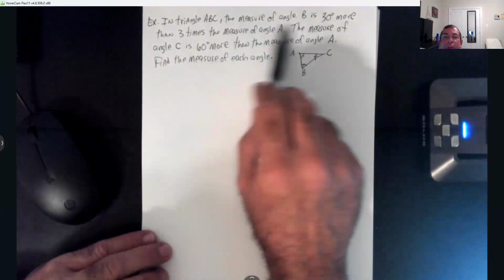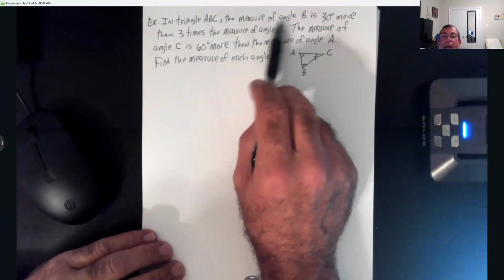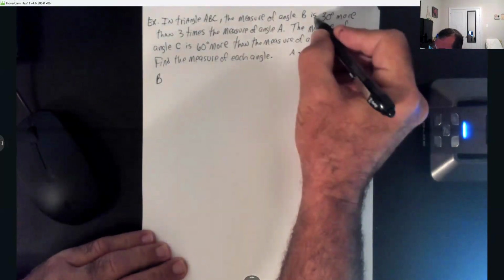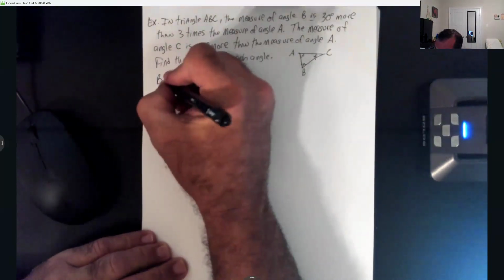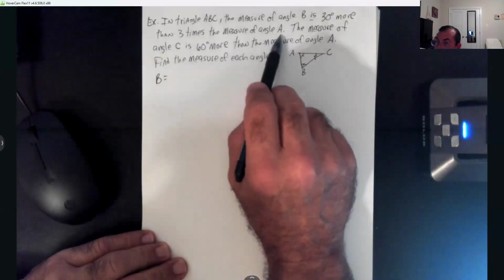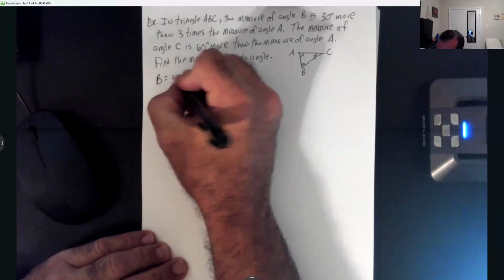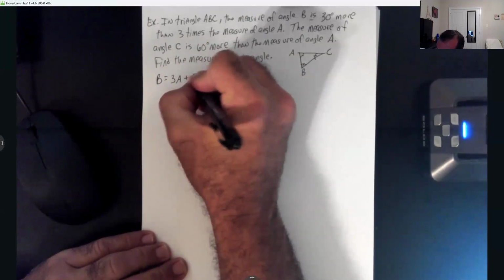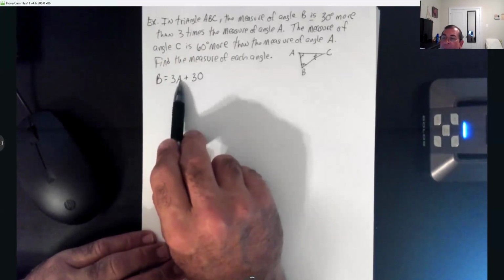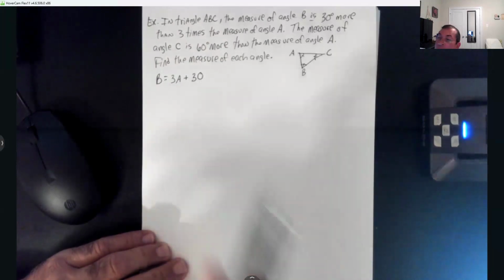So let's interpret these 2 sentences they gave me. This one says angle B, so that says B equals 30 more than 3 times A. So 3 times A plus my 30. This is 30 more than 3 times A. Or you could do 30 plus 3A either way, okay?